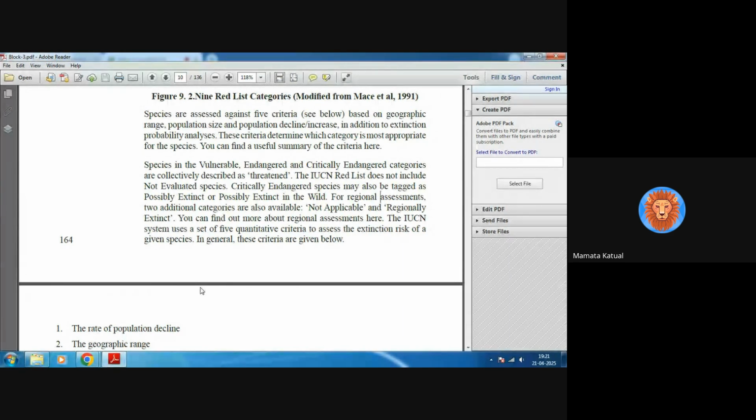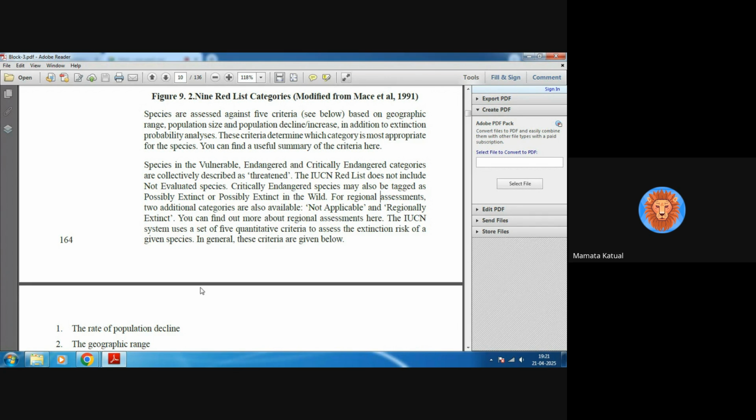Just like the cheetah, which was extinct in India, in Asia, but is present in Africa. So it is regionally extinct. That means it is extinct only in India. If we study our country India, then we will keep the cheetah in regionally extinct.